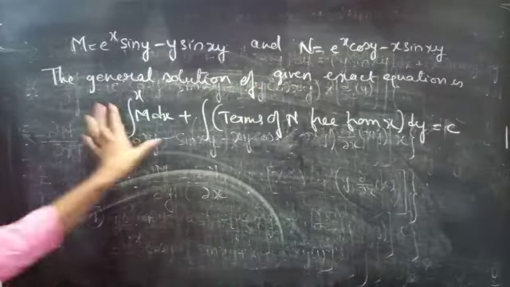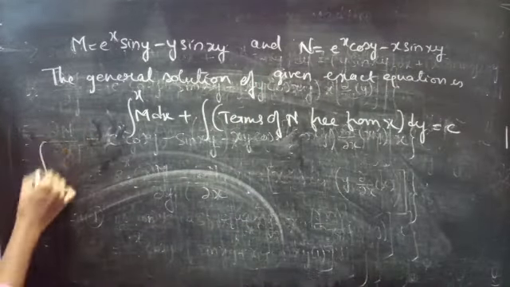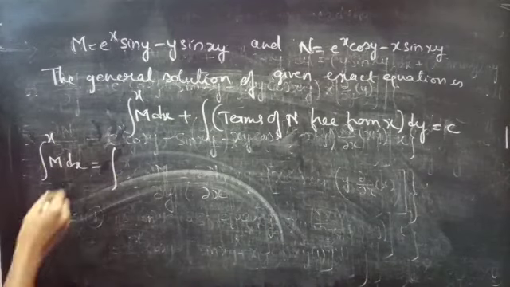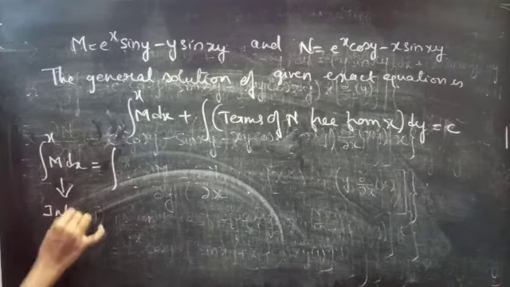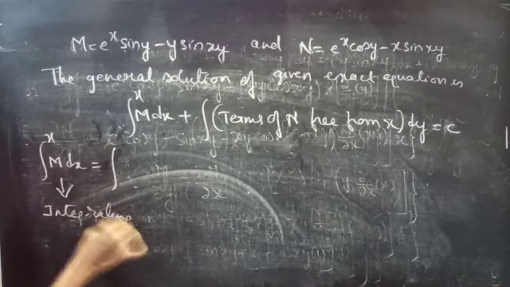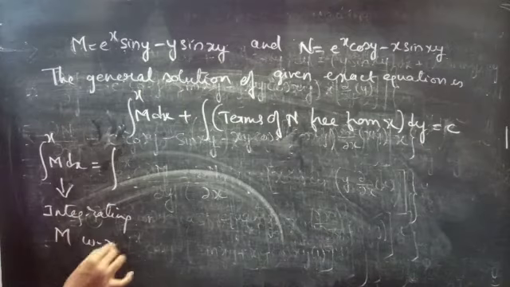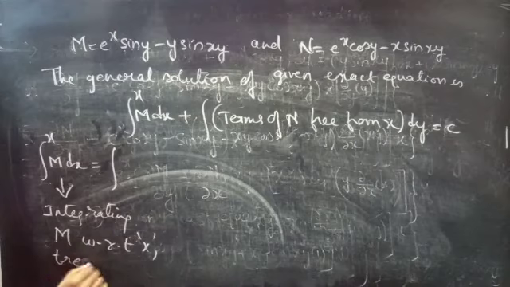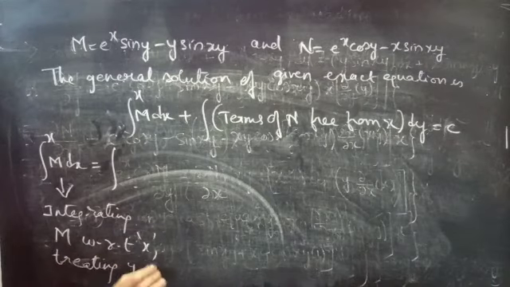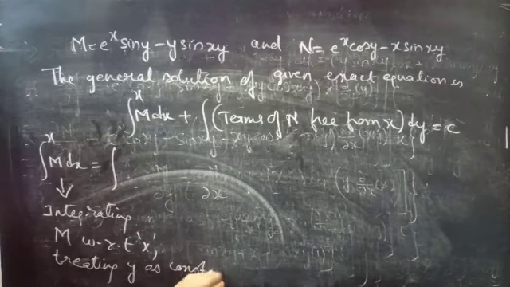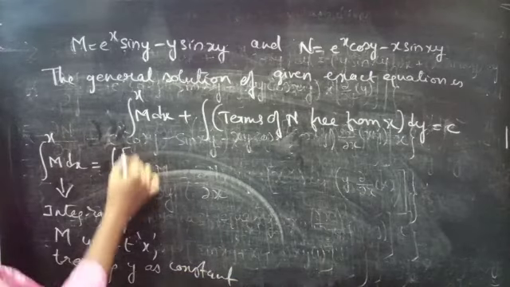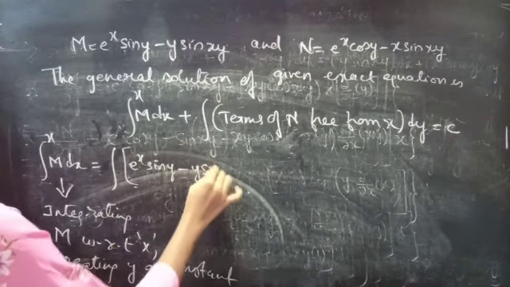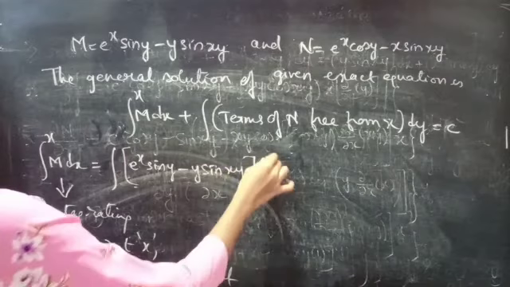Now firstly we'll find the integral over x of M dx. Here we are integrating M with respect to x, treating y as constant. So we have M equals e^x sin y minus y sin xy, into dx.